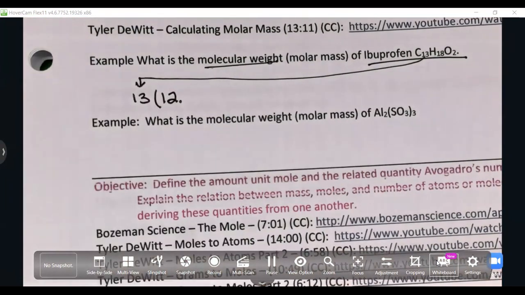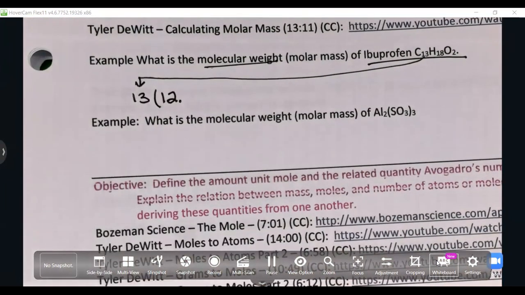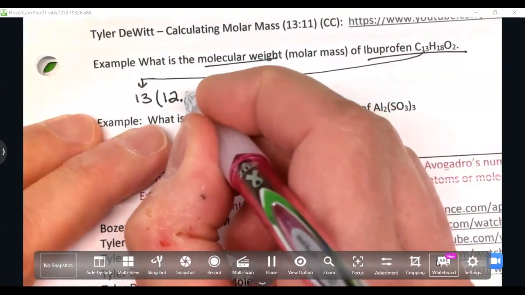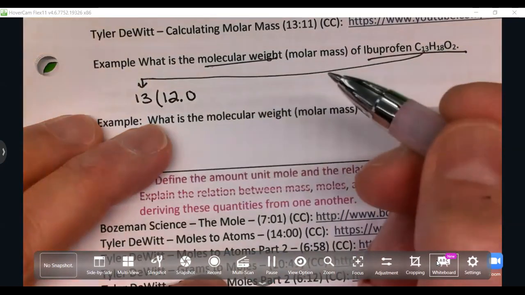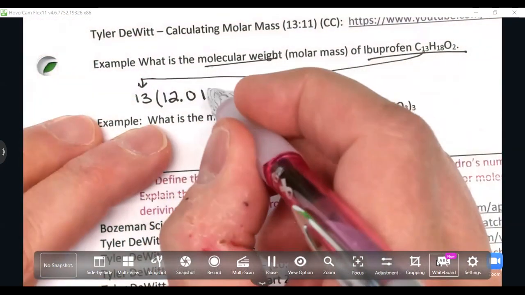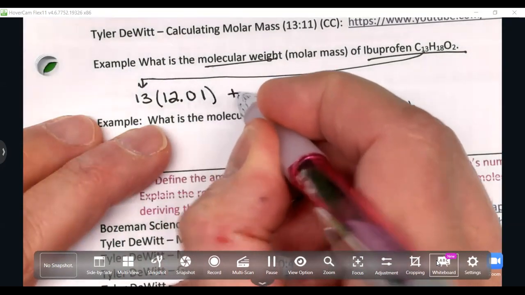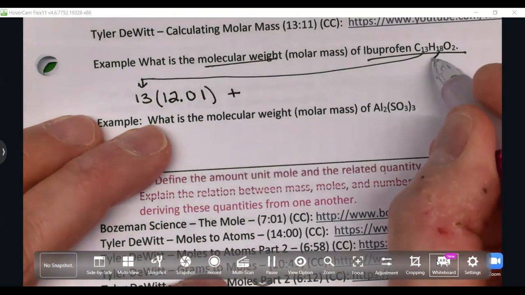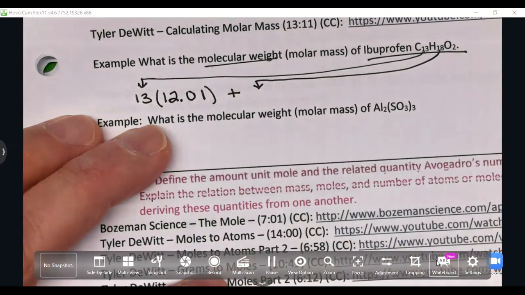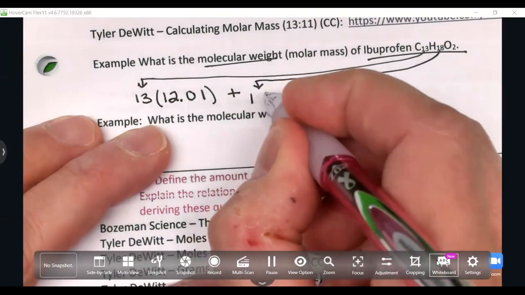Let's see, I like to go 2 decimal places all the time. Let's go 2 decimal places. So 12.01. We have 18 hydrogen.